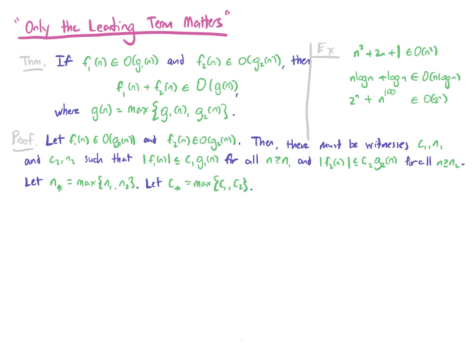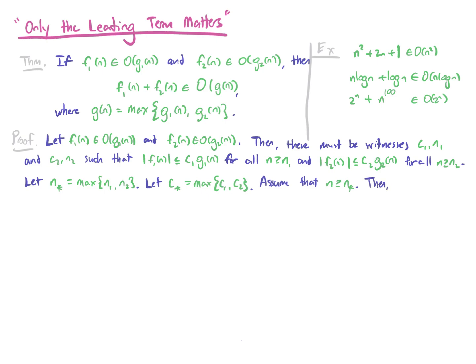So now I've set up n star and C star. I'm also going to finally assume that I'm going to look at an n, and I'm going to assume that n is greater than or equal to n star. And I'm going to show that an inequality holds. So here we go.